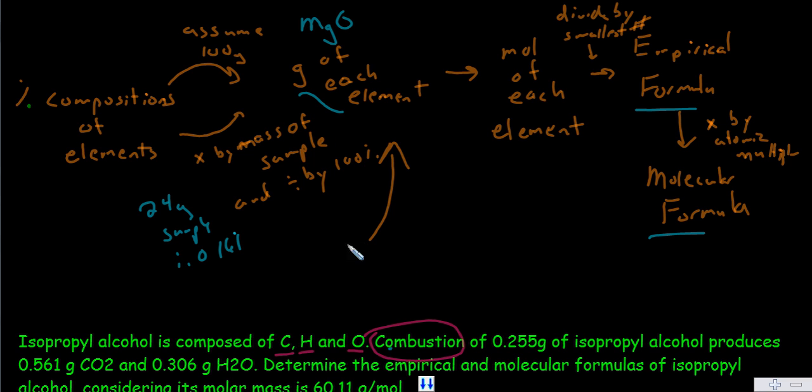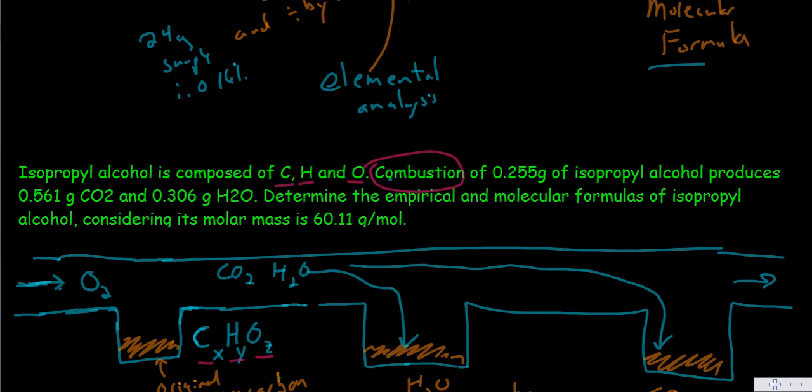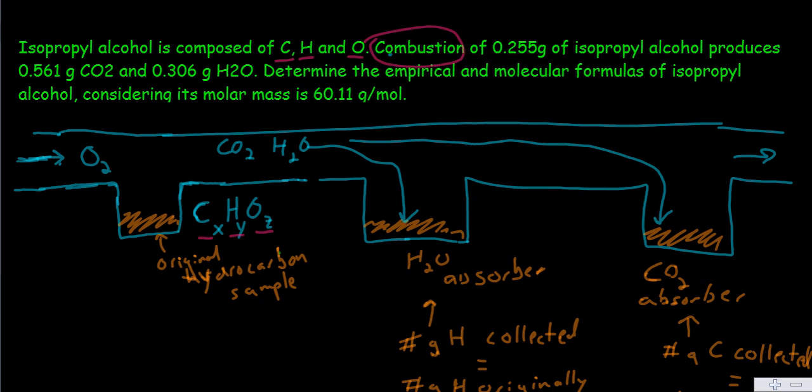Now, today we're going to be discussing elemental analysis, which, again, allows us to know the number of grams of each element in a compound, and therefore the empirical and then the molecular formula. Elemental analysis is actually quite complex and uses expensive instrumentation.